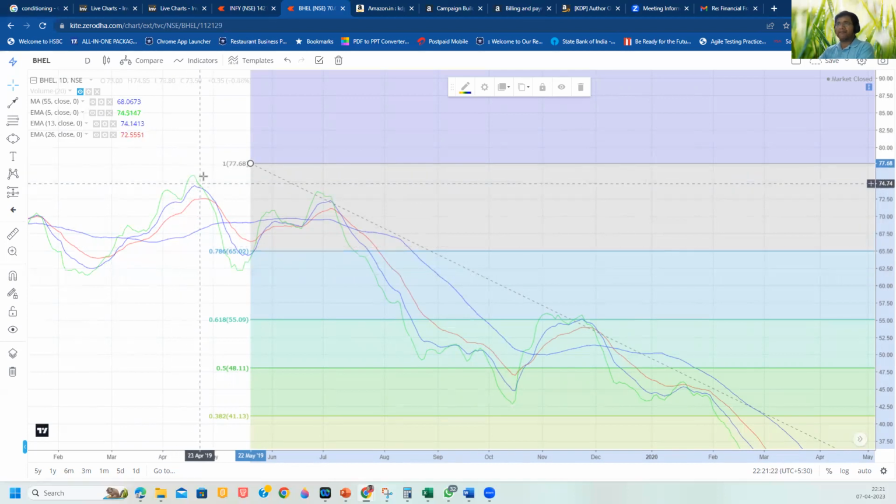So here if you look, the 5 is the green one, which is first doing the negative crossover of the 13 EMA, and then ultimately the 26 EMA. And at the same time, the 13 EMA is crossing down the 26 EMA in a downward direction. So based on this EMA concept, one can decide to take a short entry.